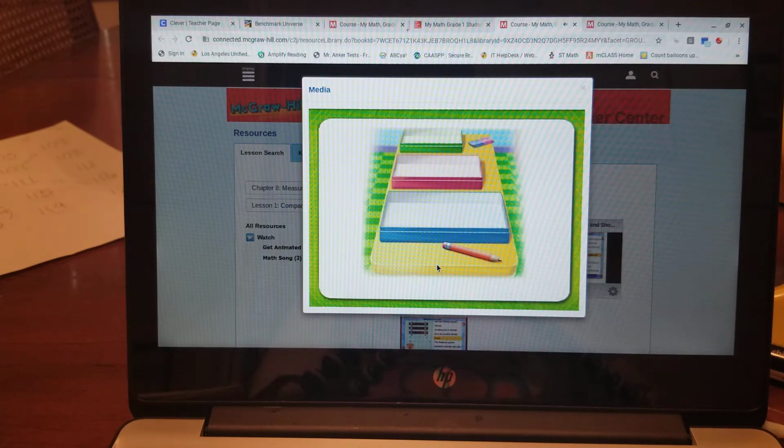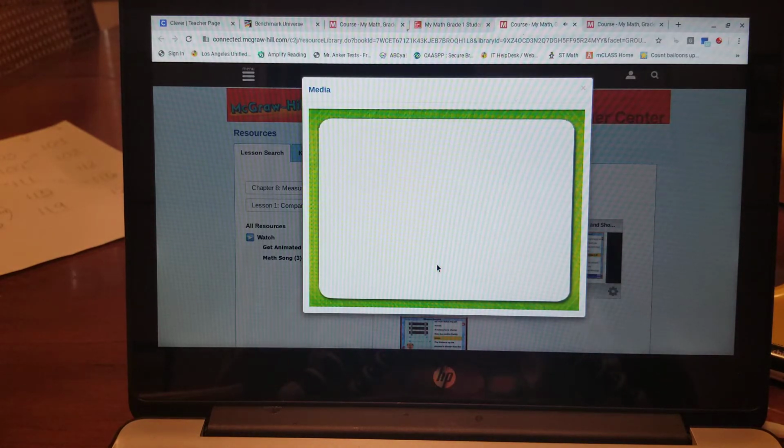Notice what is different about them. They are different lengths. Now, look at these 3 objects I have. A crayon, a pencil, and a paper clip. Look closely at all 3 of these objects. What do you notice is different about them? They are different lengths.